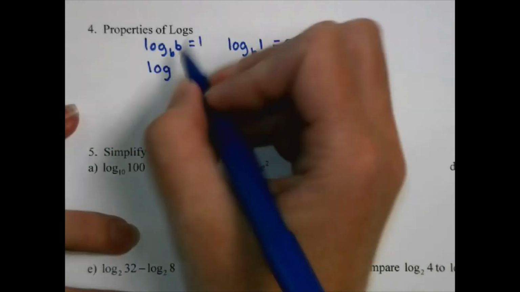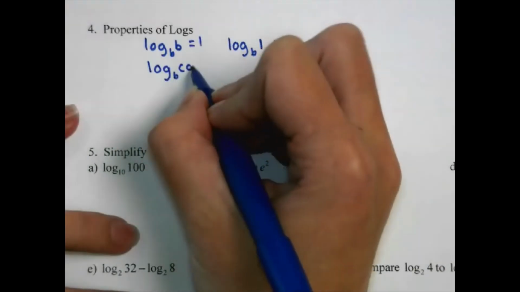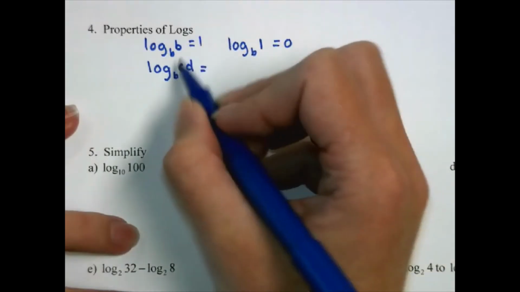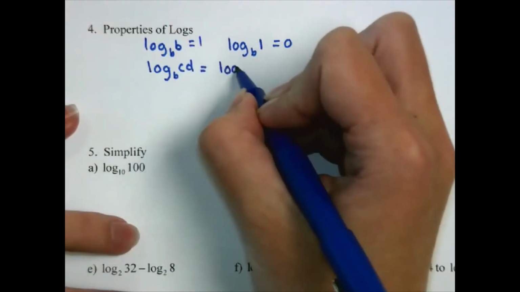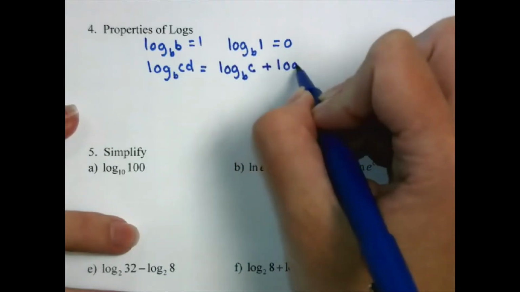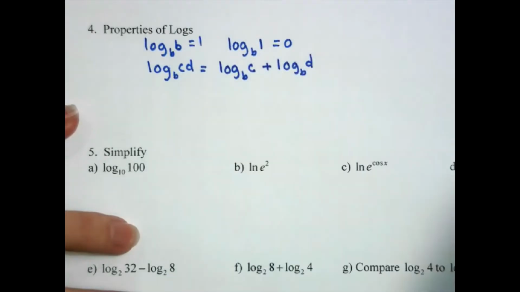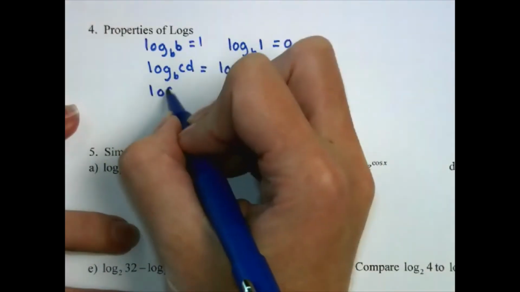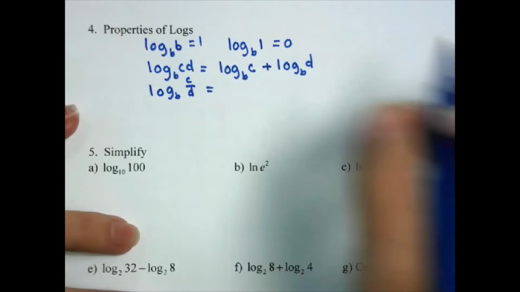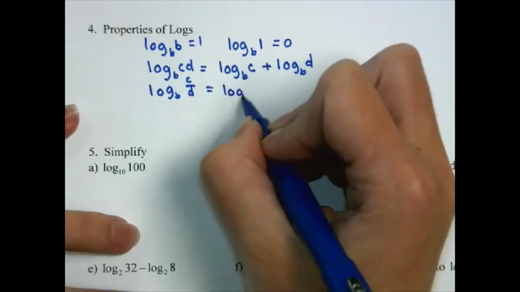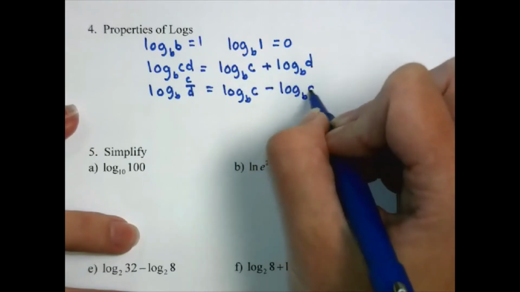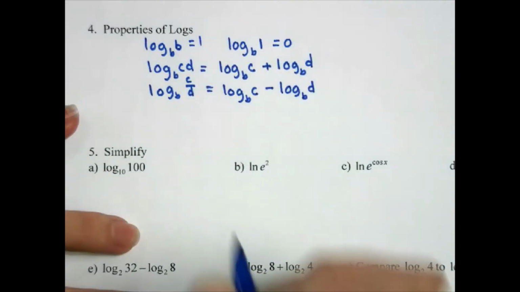Then there's some other properties of logs. The product property: if you have log base b of a product, that can be split up into log base b of c plus log base b of d. If you have a quotient, it's the same but with subtraction: log base b of c minus log base b of d.